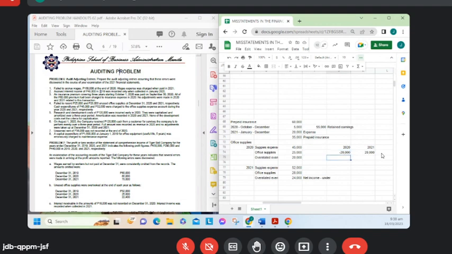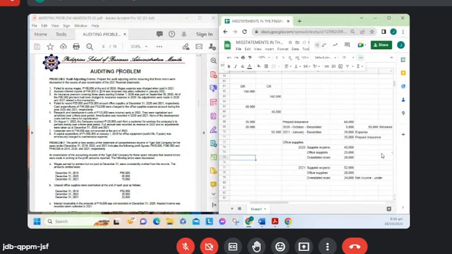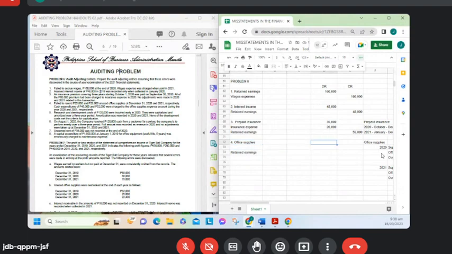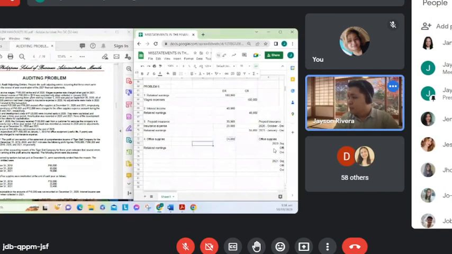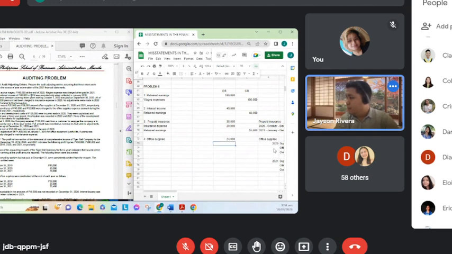Corrected na to. Then it's 124,000. So office supplies 24,000. Hindi na pala to.